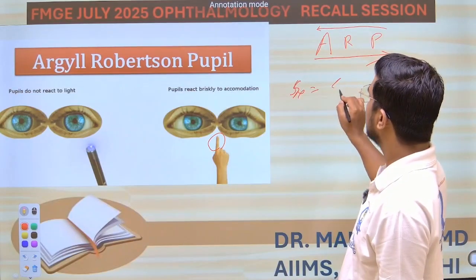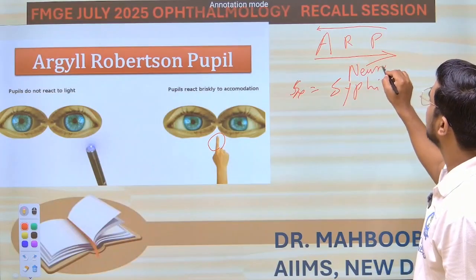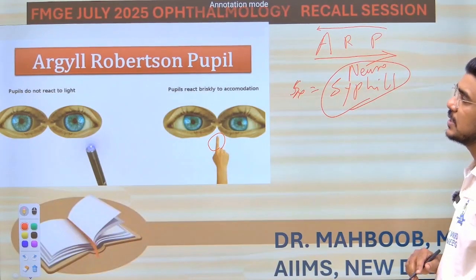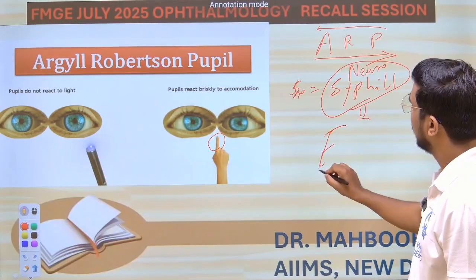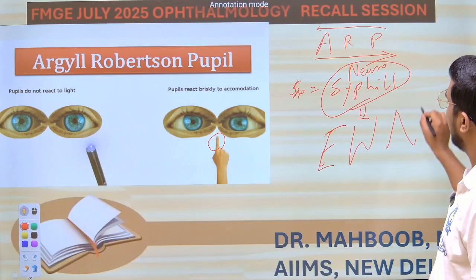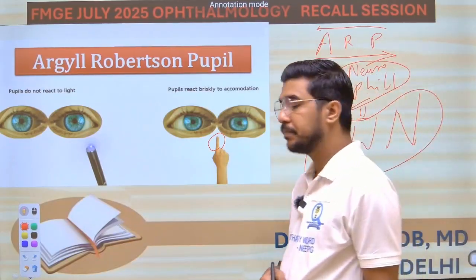An example is neurosyphilis, where you can see the Argyll Robertson pupil, and the Edinger-Westphal nucleus is involved in this condition, right?